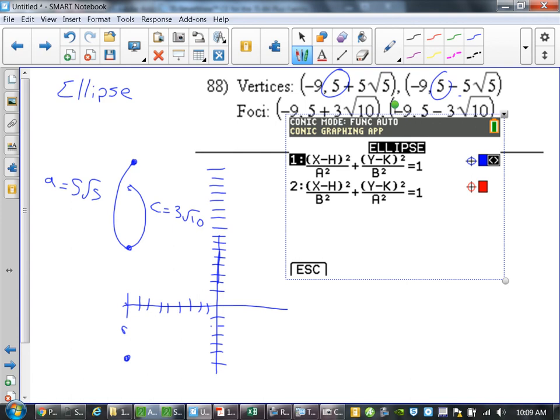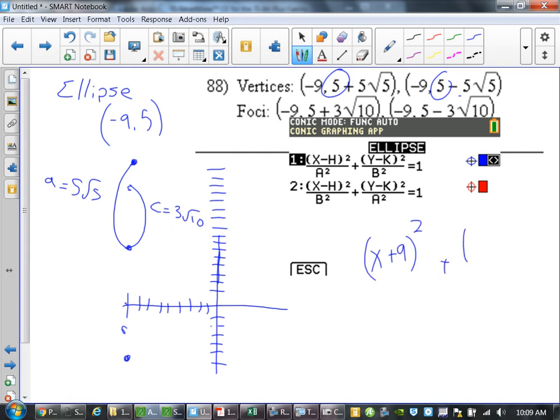From there, if we start to fill in the blanks, our center was at negative 9 and 5. So I know it's going to be x plus 9, quantity squared, plus y minus 5, quantity squared, and it's always going to equal 1. I need to figure out my a squared value.